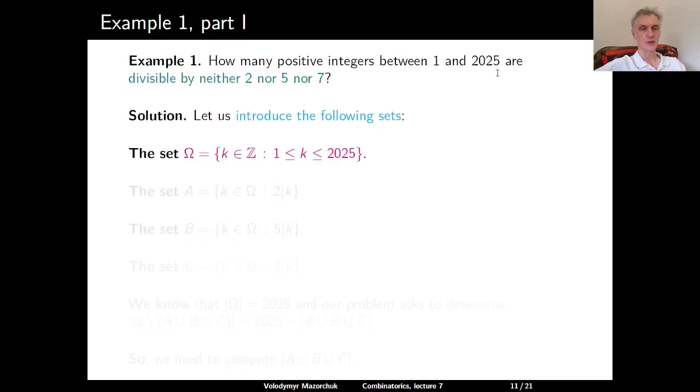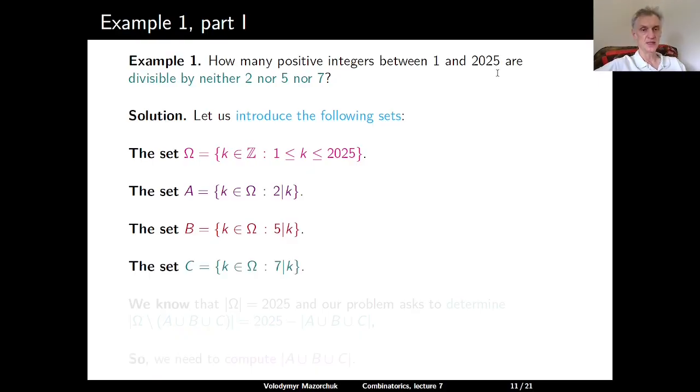First, the set omega, which contains all integers between 1 and 2025. Then the set A, which contains all elements in omega which are divisible by 2. The set B, which contains all elements in omega which are divisible by 5. And the set C, which contains all elements in omega which are divisible by 7.